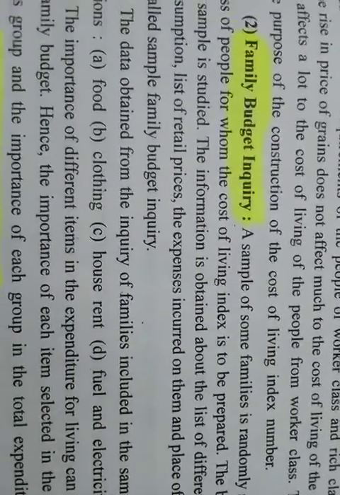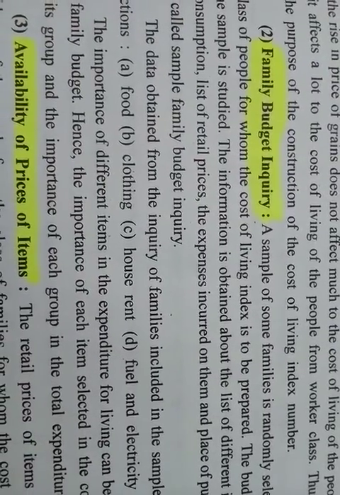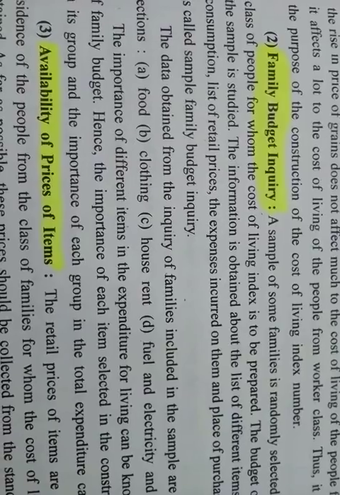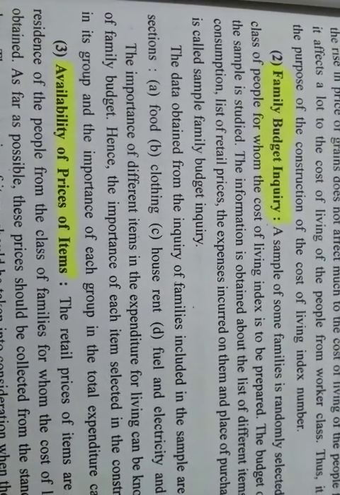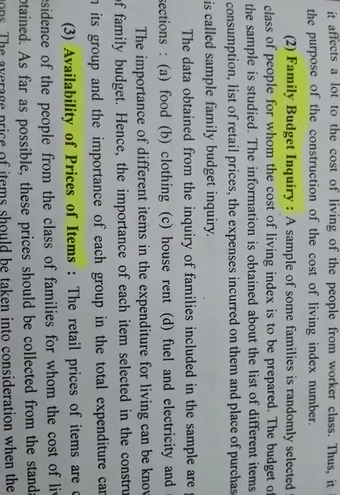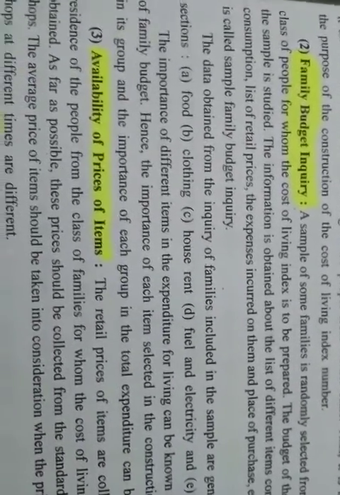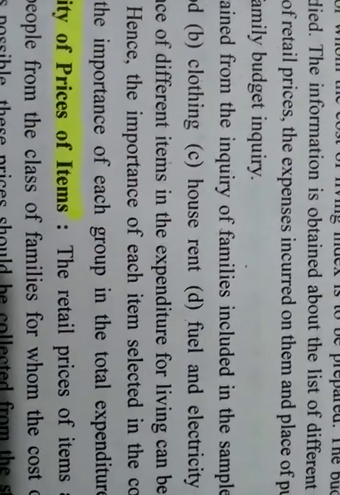Number 2 is the family budget inquiry. How much a family spends on various sections of their family expenditure is important. Each family may have expenditures on food, clothing, house rent, fuel or electricity, and miscellaneous items.